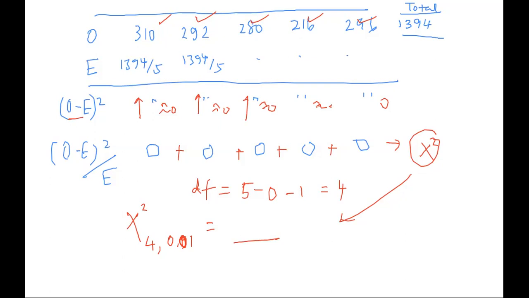Once your test statistic exceeds the critical value, then you consider it large enough that what you actually observe does not match what you expect. So therefore, your null hypothesis is probably wrong.